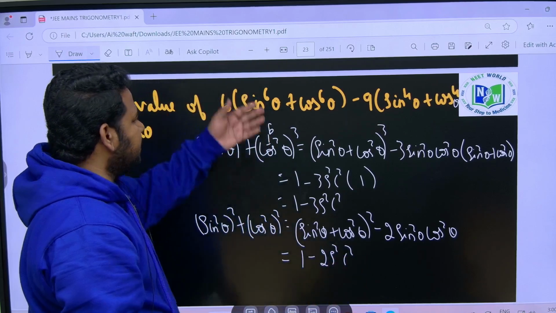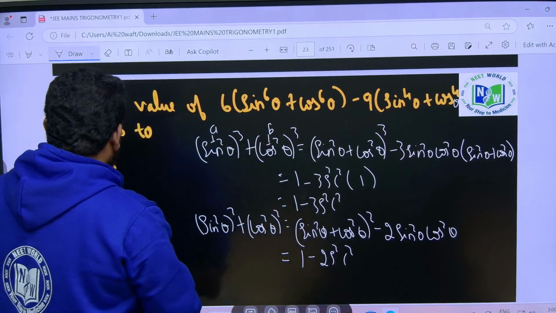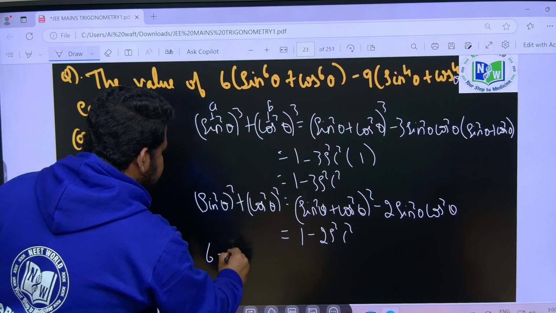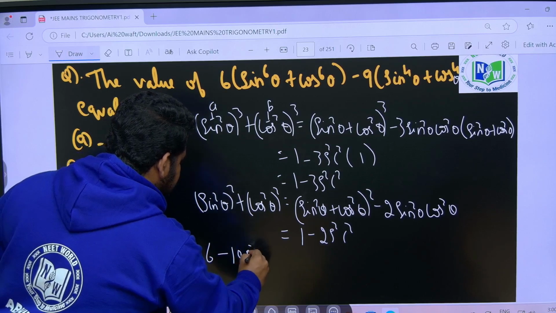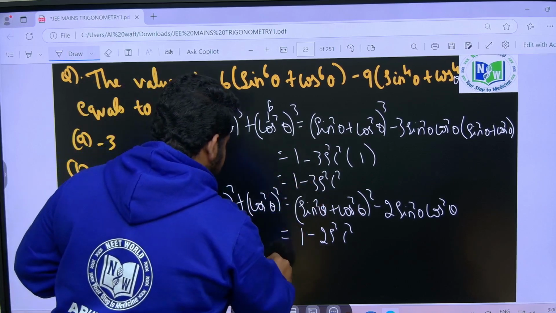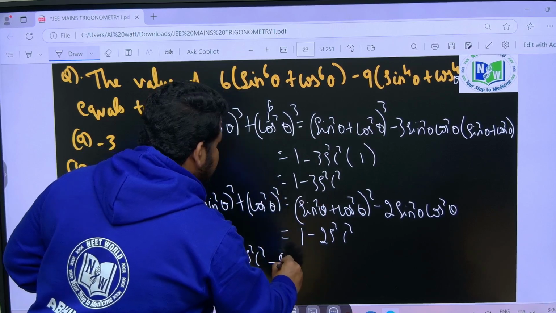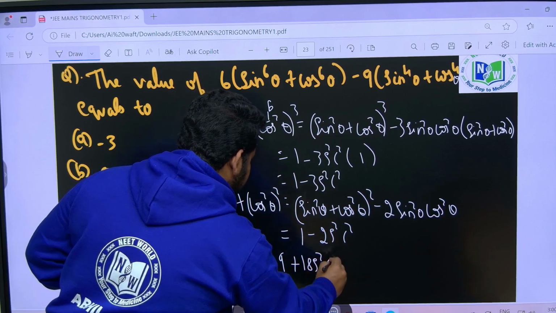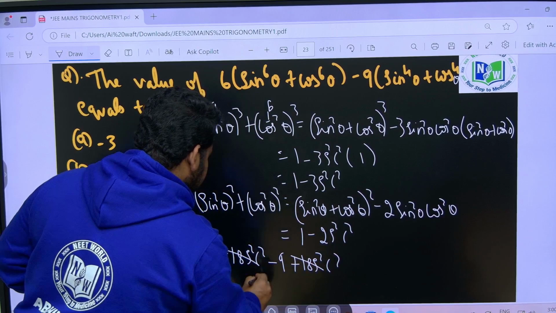Now if you substitute the value here, what will I get? 6 into 1 minus 3 sin square cos square is 6 minus 18 sin square cos square, minus 9 into 1 minus 2 sin square cos square, minus into minus is plus, 9 into 2 is 18 sin square cos square. This will cancel, this will cancel.